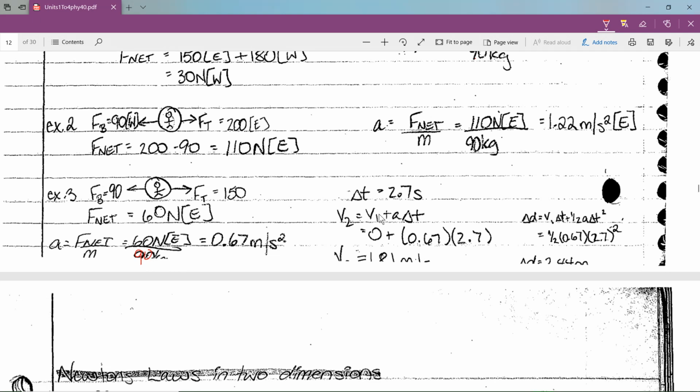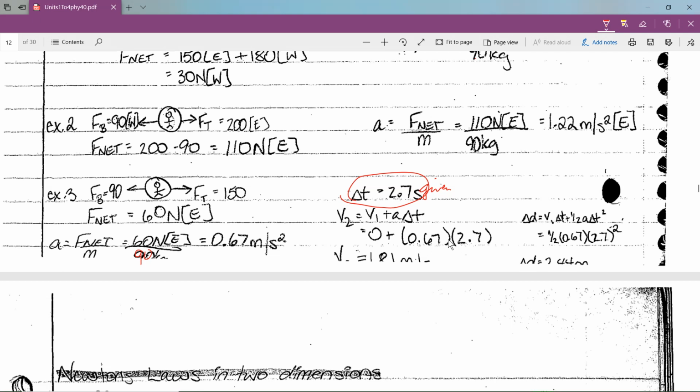Now suppose this battle was going on for 2.7 seconds. So what would be the final speed of Tarzan? Well, assume Tarzan's initially at rest, and then he's accelerating at 0.67 meters per second squared for 2.7 seconds.